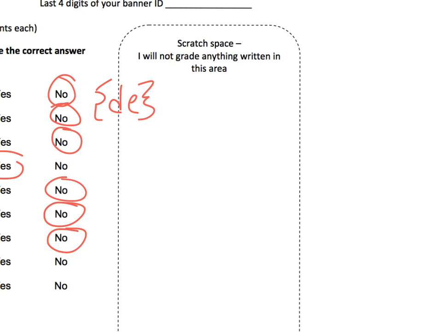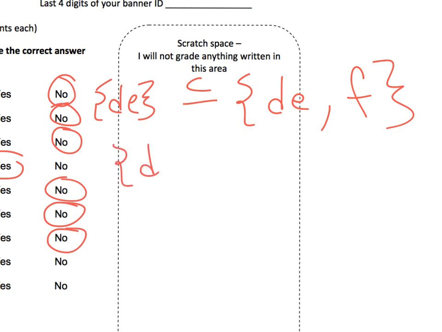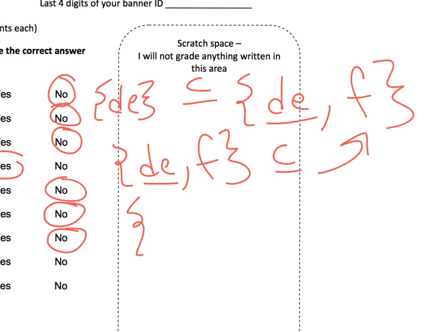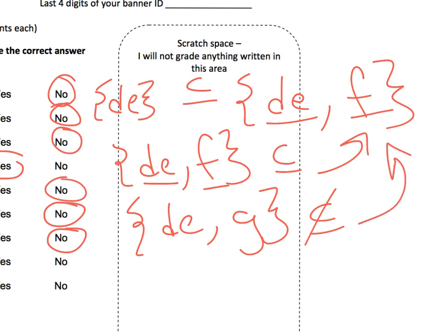So I can say this thing is a subset of this set. And the set DE comma F is also a subset of this thing, because DE is in here and F is in here. But the set DE comma G is not going to be a subset of that set.